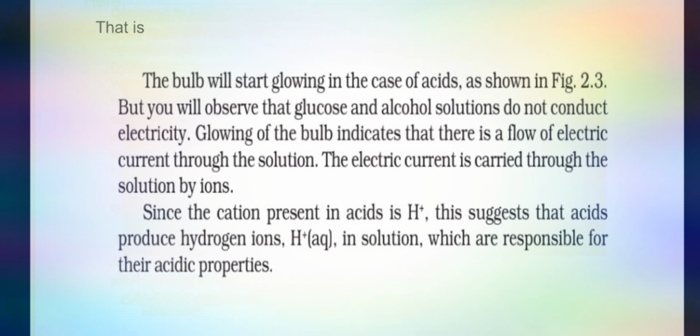But in the case of acid, the electric current passes through it. That means the electric current is carried through the solution by ions. Since the cation present in acids is the H plus ion, this suggests that acids produce hydrogen ions H plus in aqueous solution, which are responsible for their acidic properties.